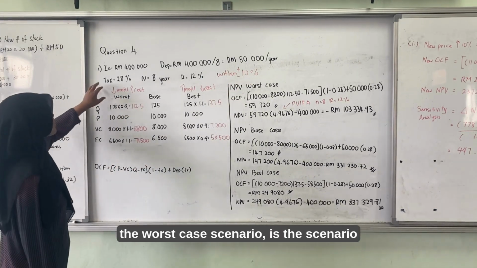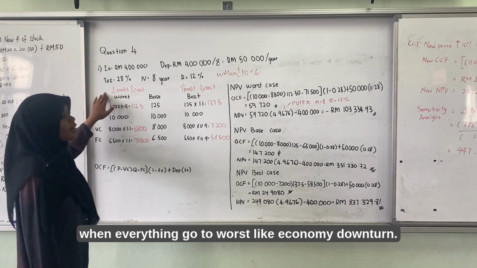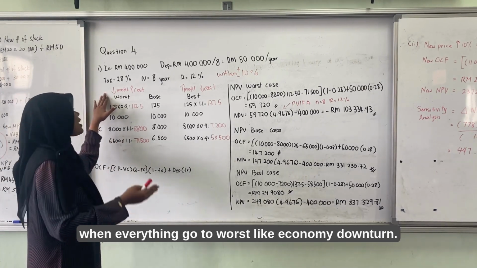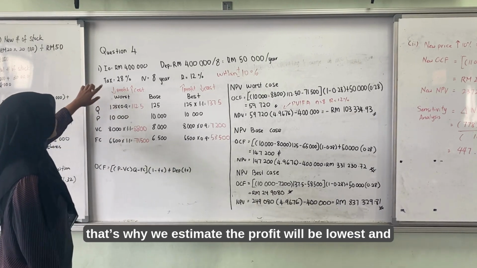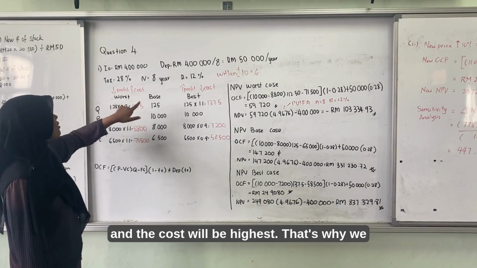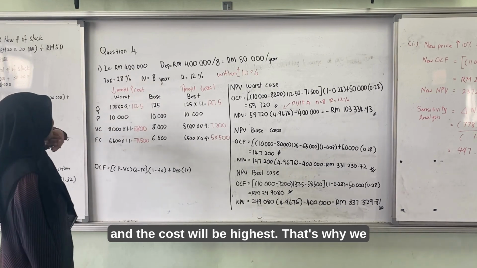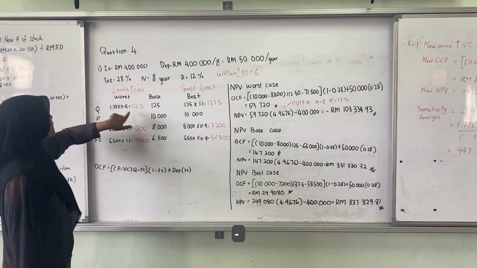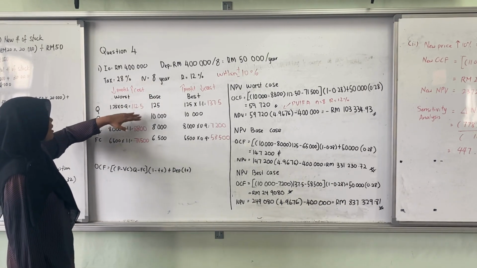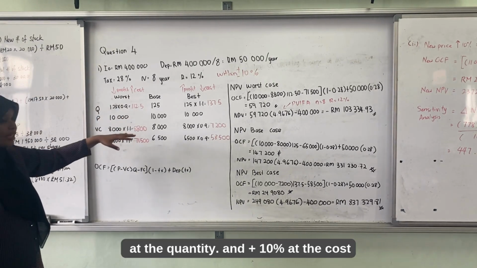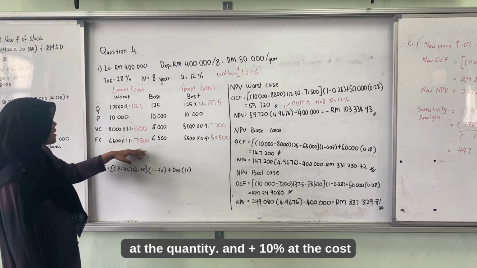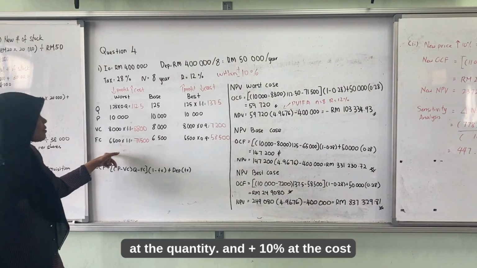So the worst case scenario is the scenario when everything goes worse, like economy downturn. That's why we estimate the profit will be lowest and the cost will be highest. And that's why we minus 10% at the quantity and plus 10% at the cost.